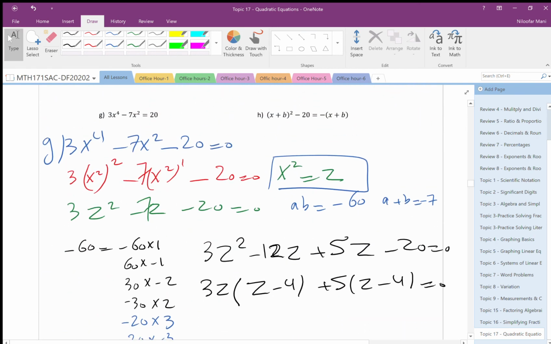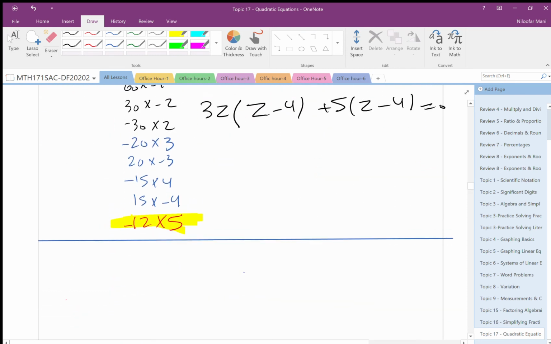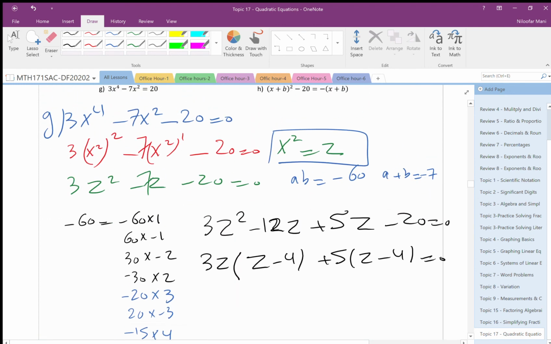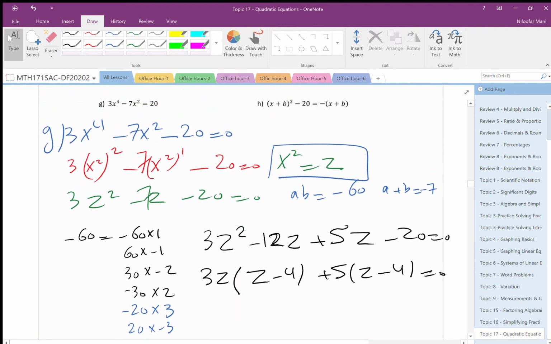Okay, so look at these two questions. For these two questions, you have to factor. Okay, so maybe that's a good idea that I do this from the beginning.